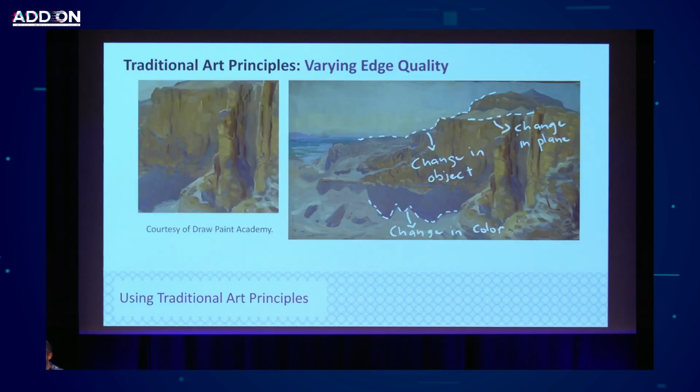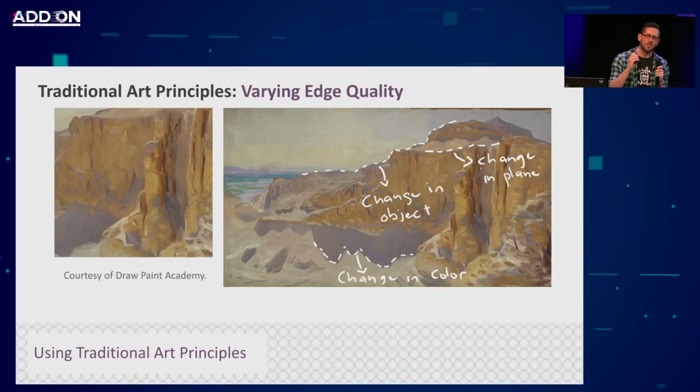So, varying edge quality. This is something you see a lot of in traditional painting, using different strengths of edges to either draw attention to something or let things fade into the background. The edge quality within traditional painting typically happens in three ways. You've got a change in object, the edge of one object in front of something else, or a change in plane, so the form changing, going from, say, the top of an object to the side of an object.